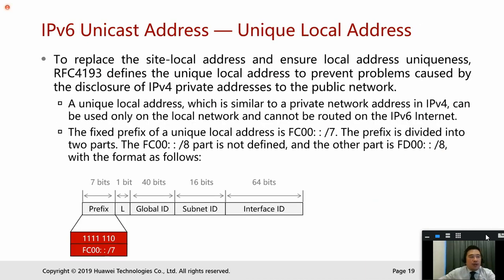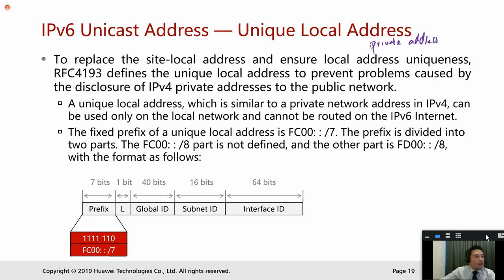And the next one is on the unique local addresses. To replace the site-local address and ensure local address uniqueness, RFC 4193 defines the unique local address. This is just like the private IP address, used within your private network.